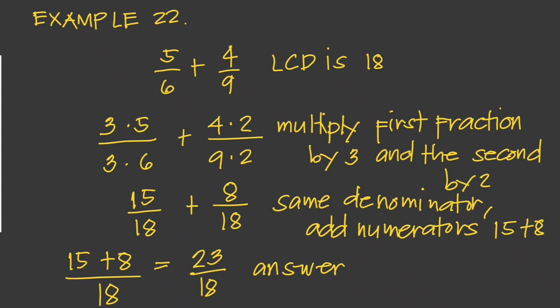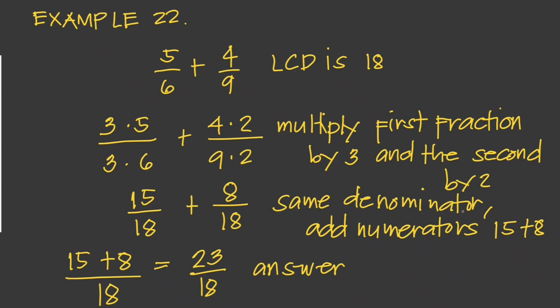The LCD here is 18, because 18 is divisible by both 6 and 9. To make the denominator equal to 18, we multiply the first fraction by 3 and the second fraction by 2. And that would become 15 over 18 plus 8 over 18.